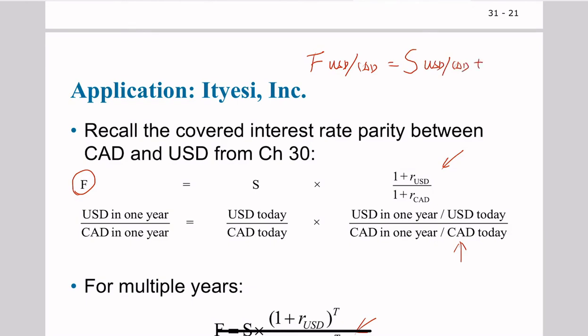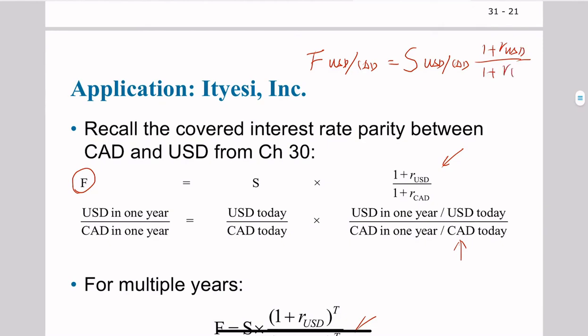And here you will have the interest rate of USD in the numerator and the interest rate in CAD in the denominator.